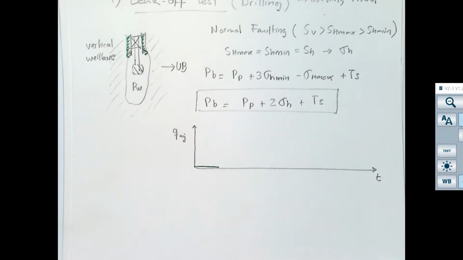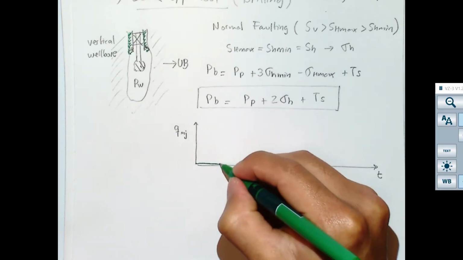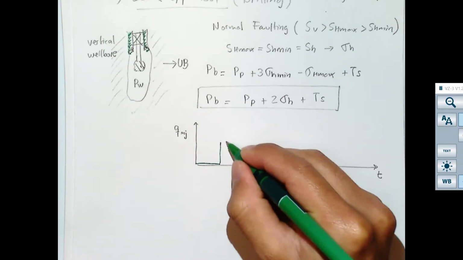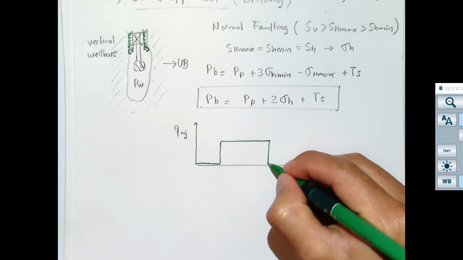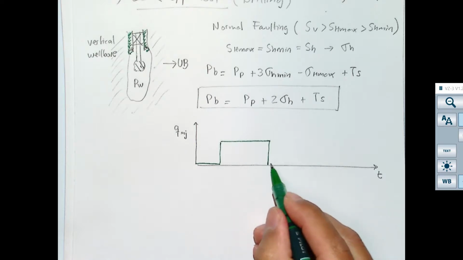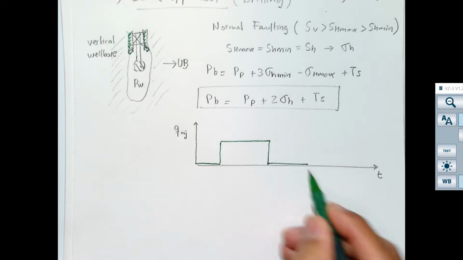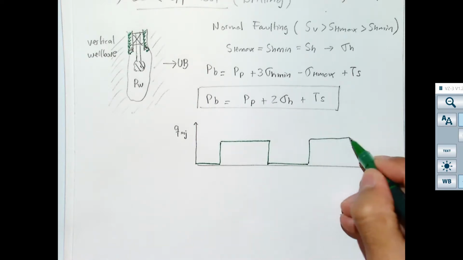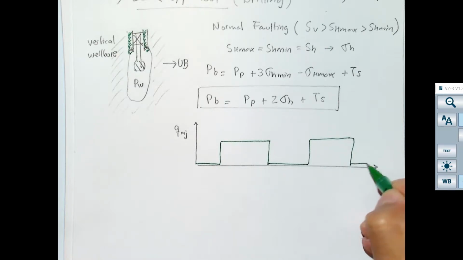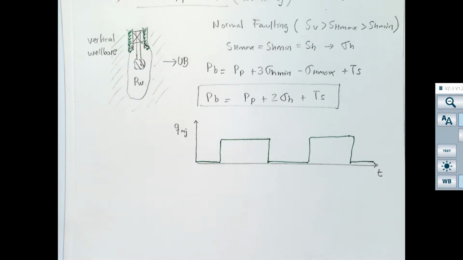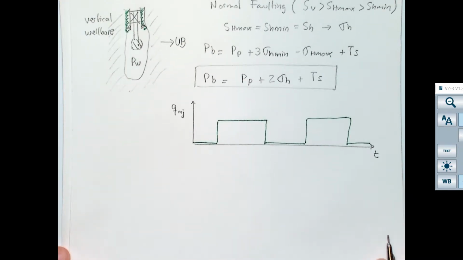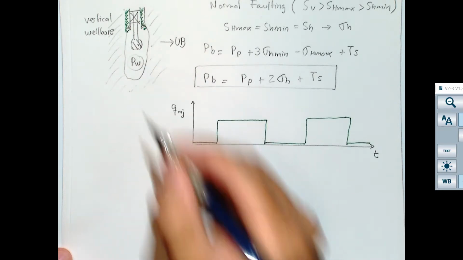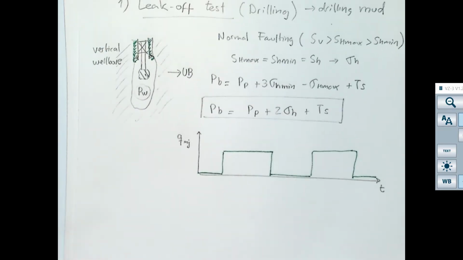At the beginning, the injection rate is going to be 0, and then increase quickly, and then I'm going to maintain it constant, and then I'm going to stop it, and then increase it again. And my objective is to predict what will be the pressure here inside the wellbore.